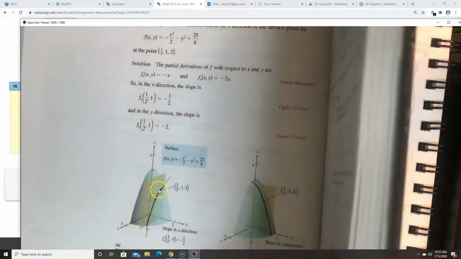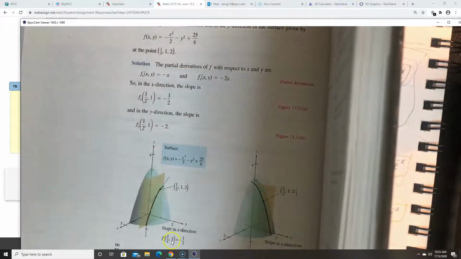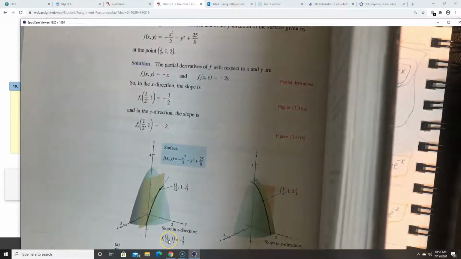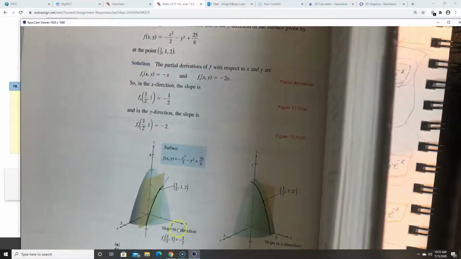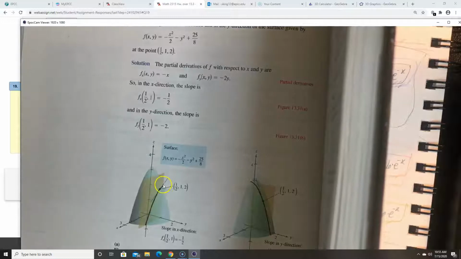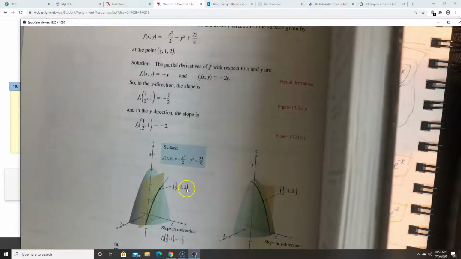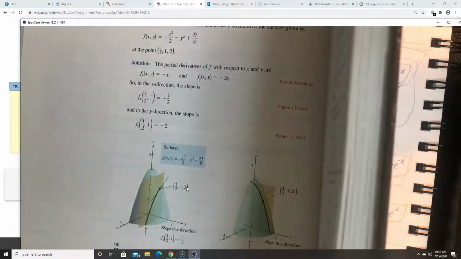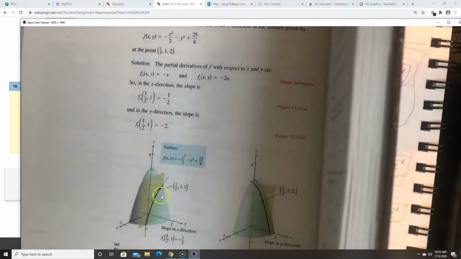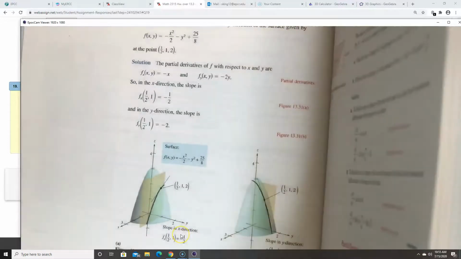To find that slope value, which they've done, it ends up being -1/2. So the slope of this tangent line at this point, 1/2, 1, with surface mapping value 2, is the same as the slope at this point on the surface, and it turns out to be -1/2.